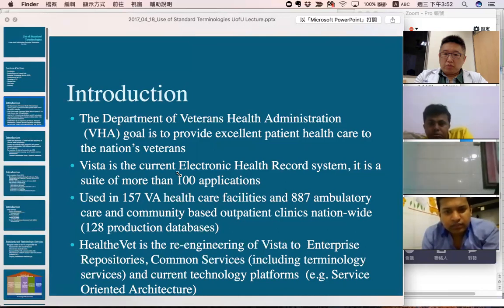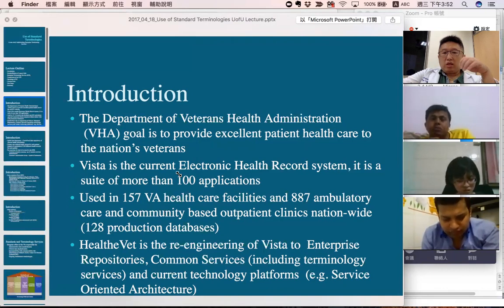If we talk about electronic health records, Vista is one of the famous electronic health record systems. And you can see that in the United States in total, they have 157 healthcare facilities and also more than 800 ambulatory care sites. So it's quite big. It is a big chain.